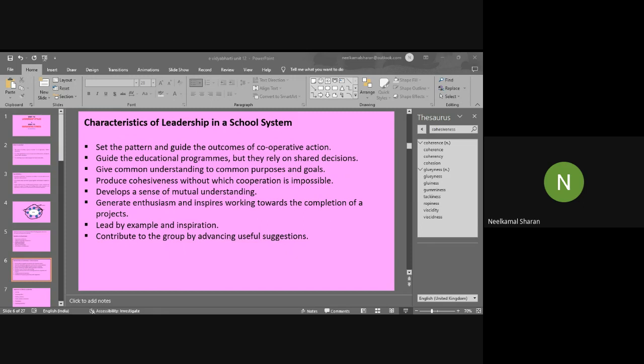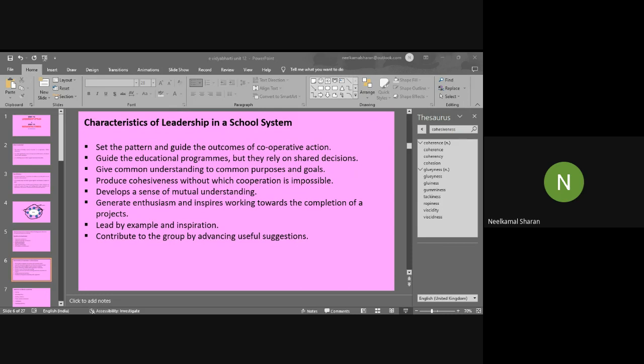They cannot take decisions alone. If they want to take any kind of decisions related to educational programs, they cannot take the decision alone. They listen to what other teachers or other members of the school say. So in a school, leaders guide the educational program, and they rely on shared decisions.